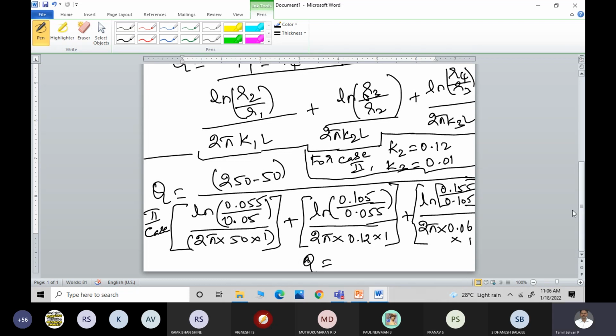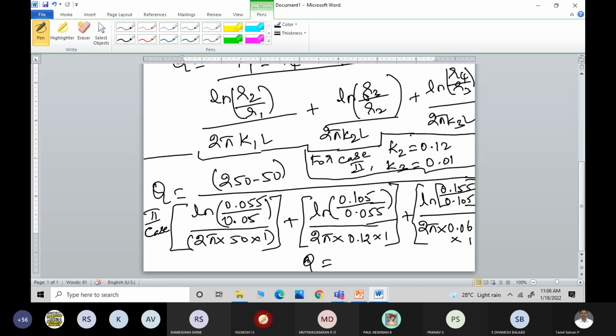What is the value? Why is it taking this much time? Because the first value is constant. Only the second and third get changed.